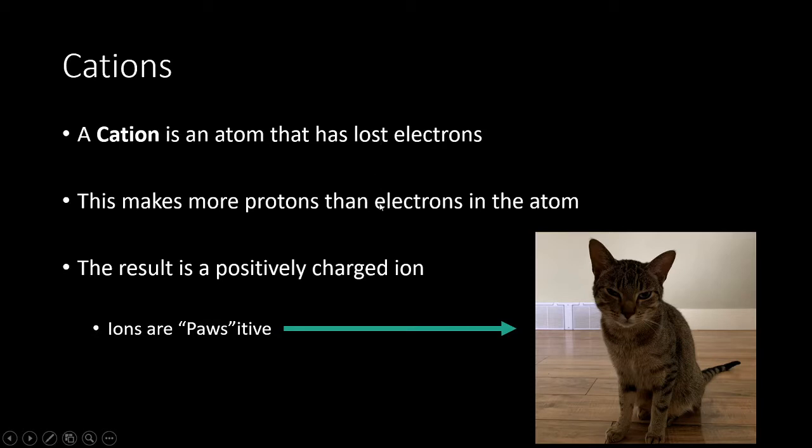This results in having more protons than electrons in that atom. Because protons are positive and electrons are negative, you get a positively charged ion, or a cation. I always remember this because cations are positive.